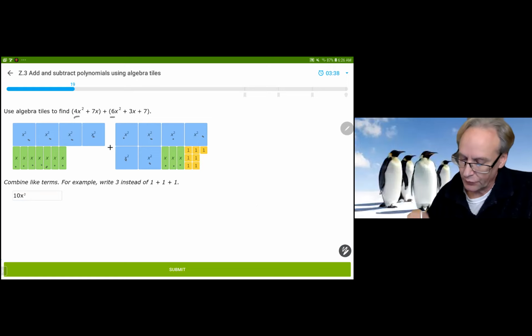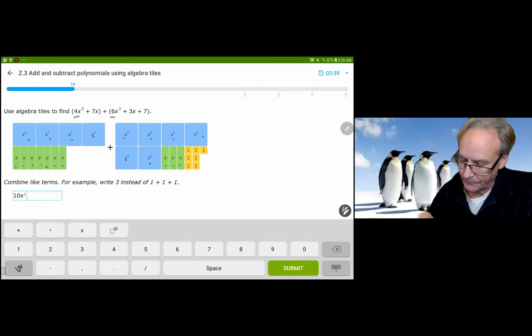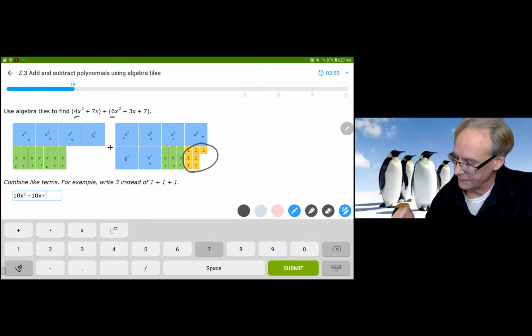Sorry, let me get rid of this. Plus 10 green x's. And I've got 7 units over here. Here's my 7 units that you can see over there. So it's plus 7. Of course, for me, it's easier to see that I'm just adding like terms, 10x plus the 7.